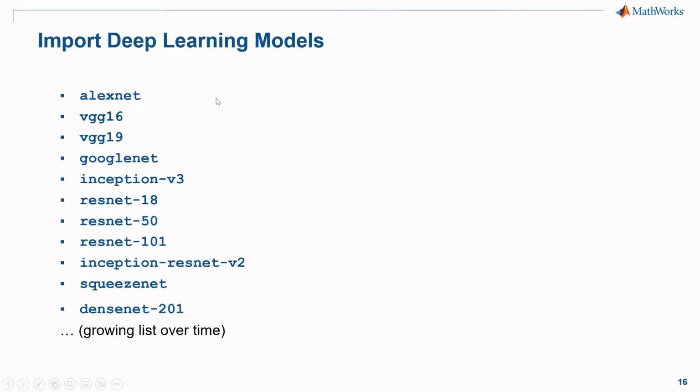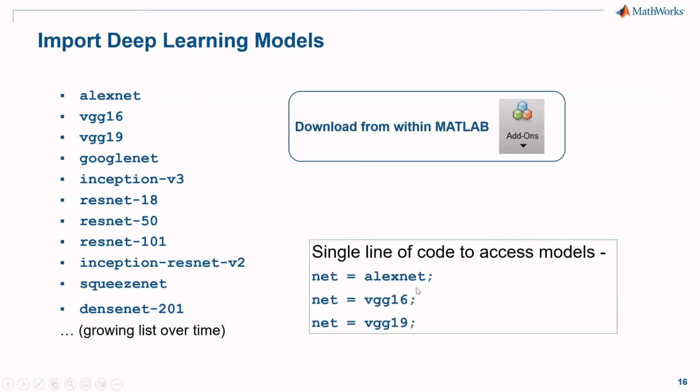Some deep learning models, as we saw before, that are available to you are listed here. Of particular interest would be AlexNet, the VGG nets, right? And then we can get them in MATLAB in the tool strip across the top, where you'll see an add-ons button, and from there you can download from within MATLAB, and then it's just a single line of code to access the models.